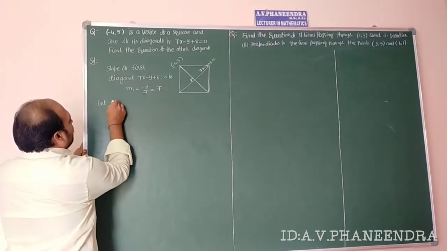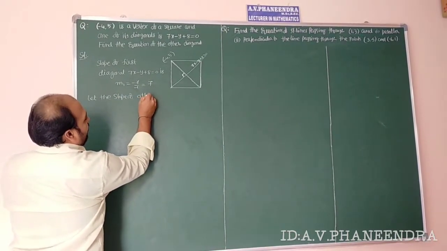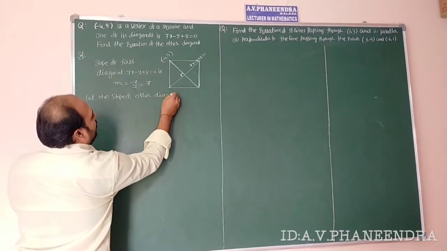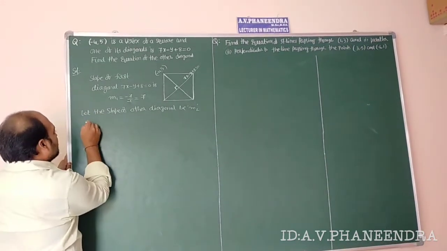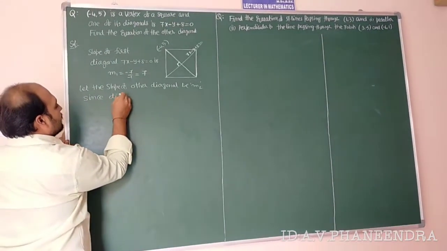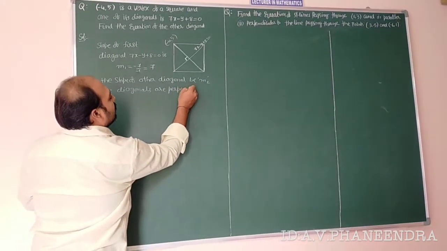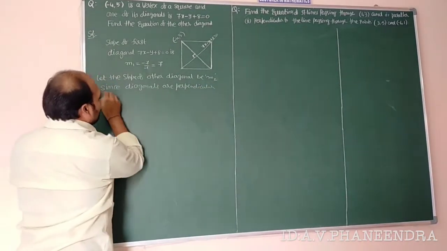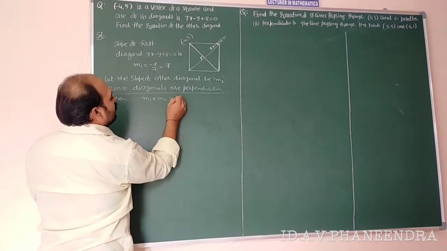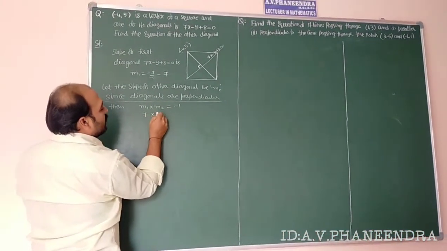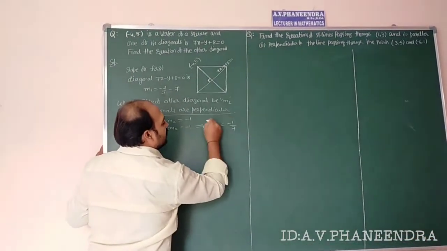Let the slope of the other diagonal be m2. Since diagonals are perpendicular in the square, we have m1 into m2 is equal to minus 1. m1 value is 7, so 7 into m2 is equal to minus 1. That implies m2 is equal to minus 1 by 7.